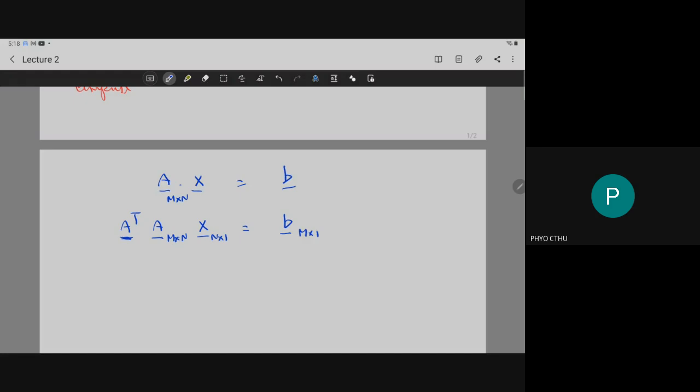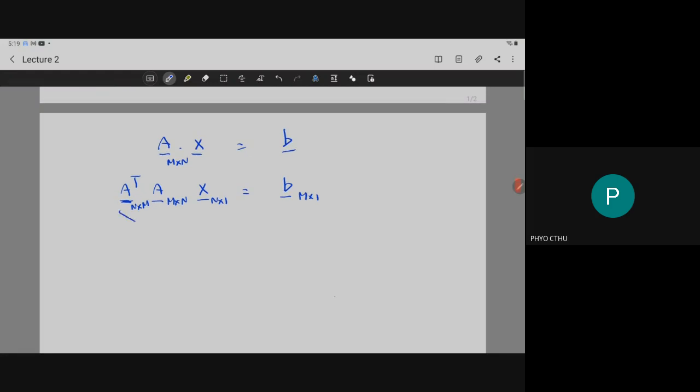If A is M by N, what is A transpose? It's N by M. You just switch the number of columns and number of rows, right? So you notice that in this multiplication, the dimension will become N by N, which is a square matrix.